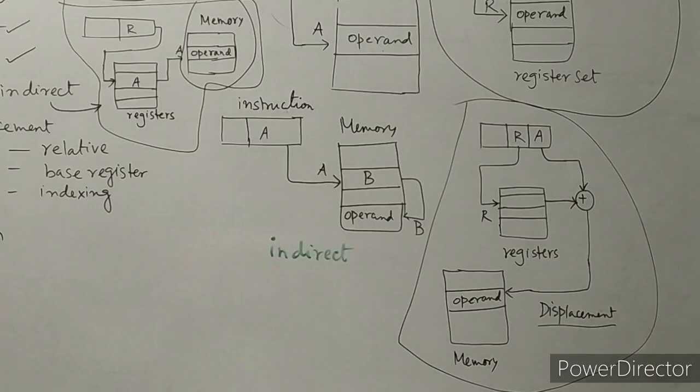After adding the register value with the address, what we get is known as the physical address. Obviously, where will we get the physical address?